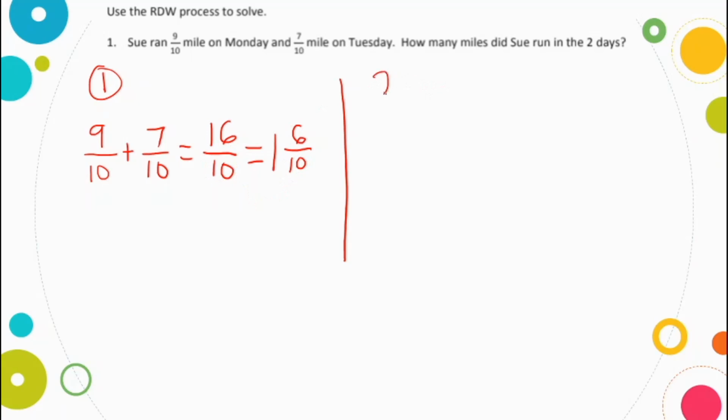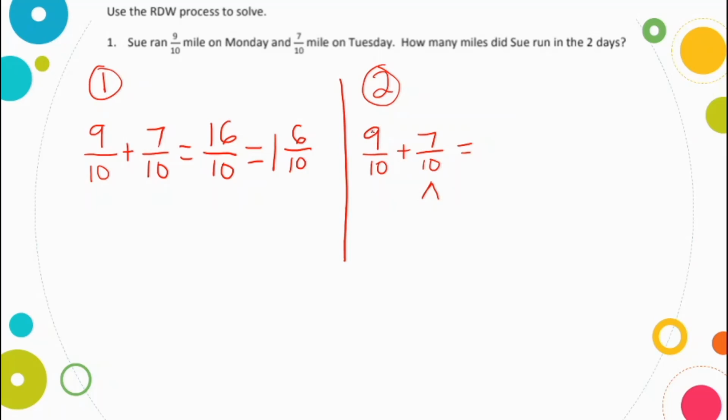The second way you can do it is actually my favorite. I don't always use this method, but I definitely like this method a lot more. So we still have 9/10 plus 7/10. Now what we're going to do is think of this 7/10, so we're kind of breaking this up.